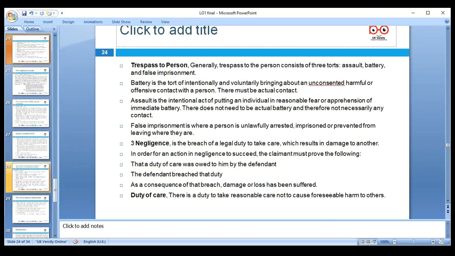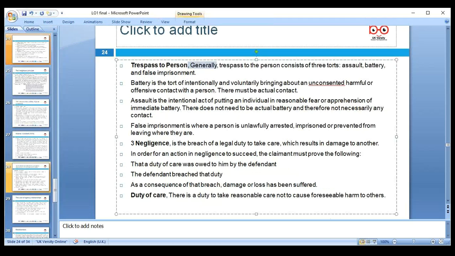Trespass to the person consists of 3 torts: assault, battery, and false imprisonment. So battery is the tort where you intentionally and voluntarily bring about unconsented, harmful or offensive contact with a person.